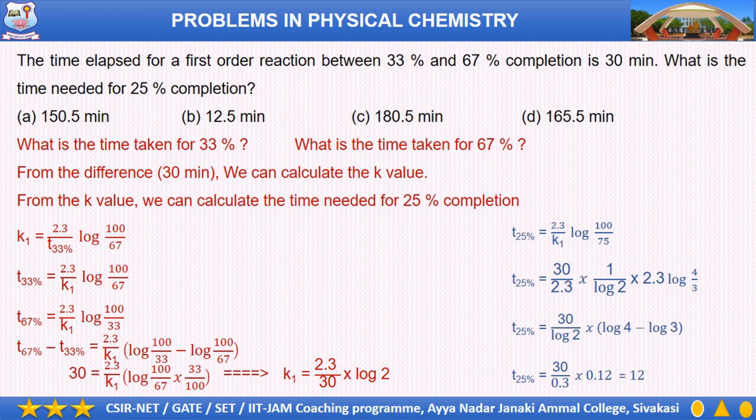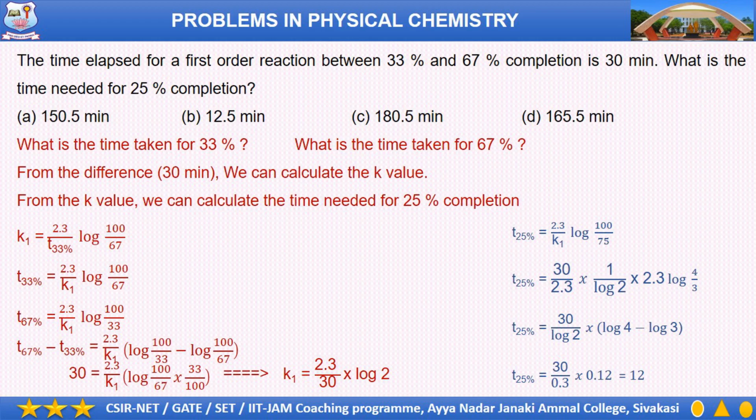Is it correct or wrong? Okay. And for the K1, you have already worked it out. Put the value of K1 in that one. You would get 2.3 by K1 is equal to 2.3 into 30 into log 4 by 3 by log 2.